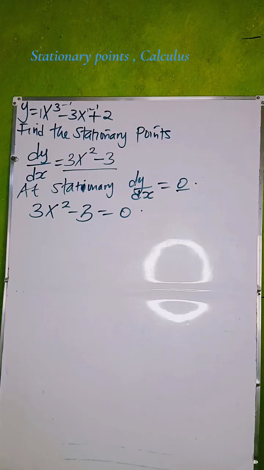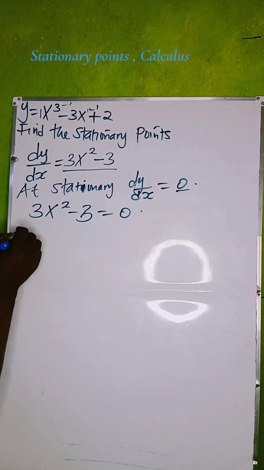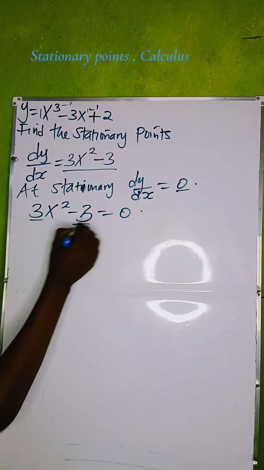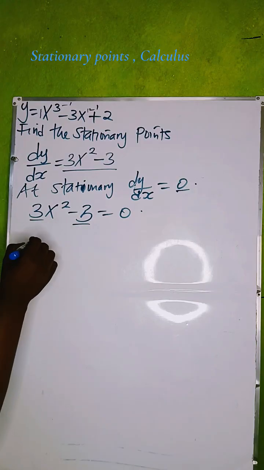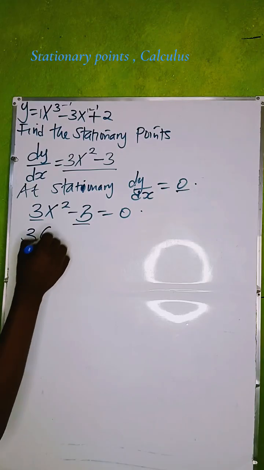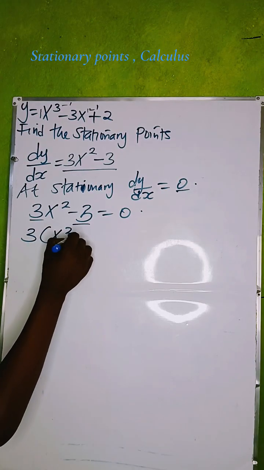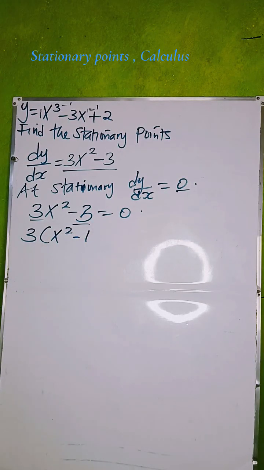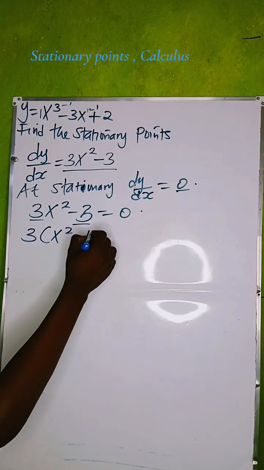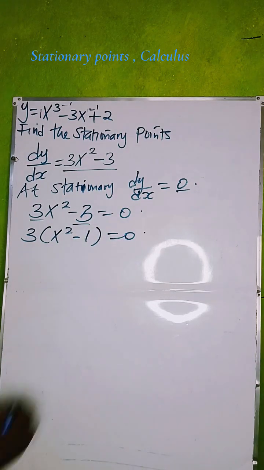So when we are solving this, we are first of all going to factor out 3 because it's common here and here. So we factor out 3 and we'll be left with x squared minus 1 in the brackets. We'll have x squared minus 1 is equal to 0.